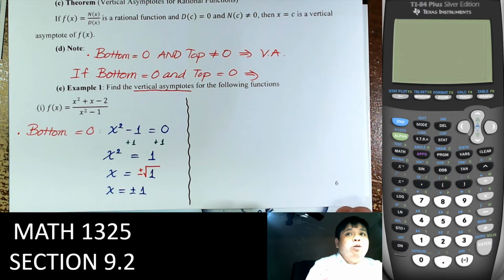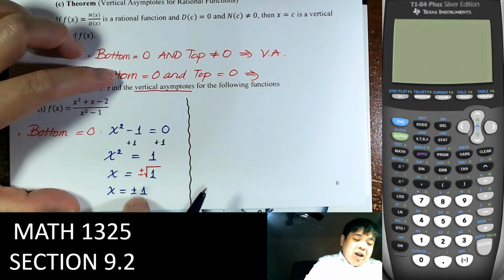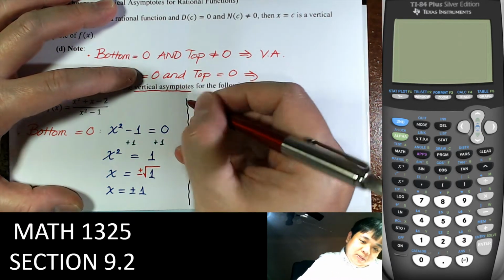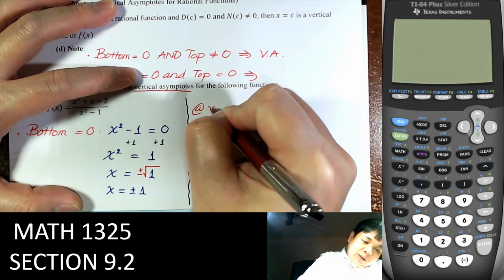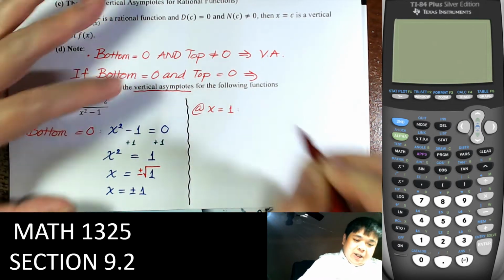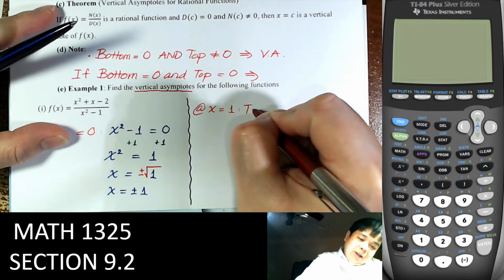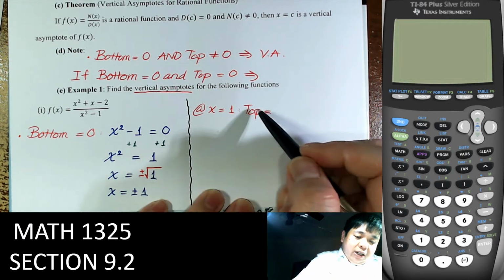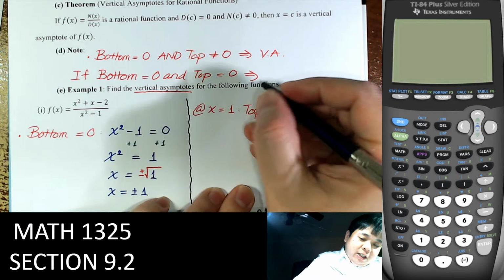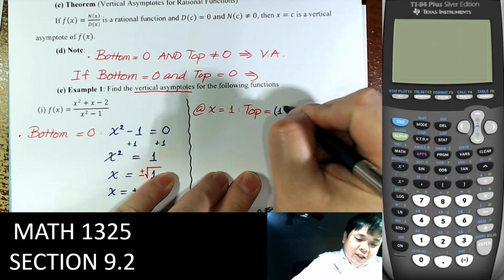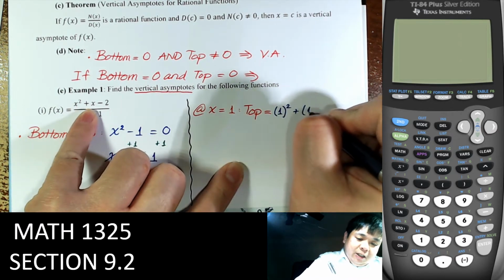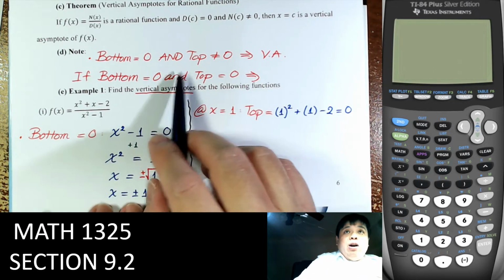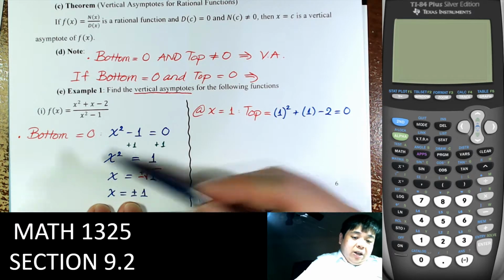We don't have to solve for it, we just have those values. When x equals 1, the top equals, we put 1 into x, and that equals 0. Well, for the vertical asymptote, the bottom is 0 and the top is not.